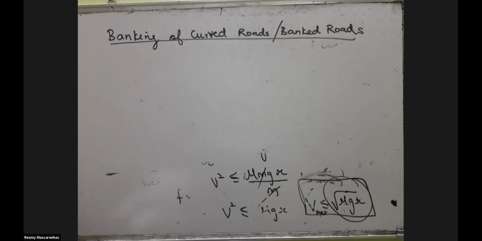So what does this mean? In the previous one we had seen that it is a level road. So I will share a slide with you which will show you the 3D part. Otherwise it becomes difficult to explain how it must look.